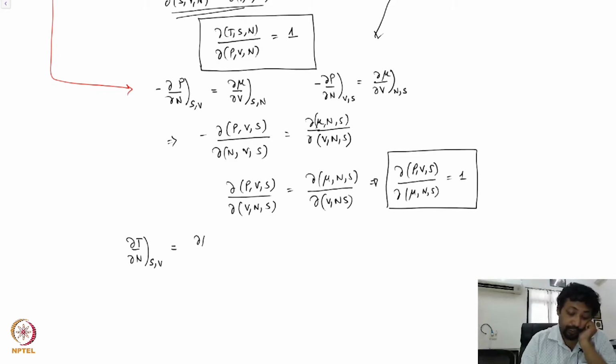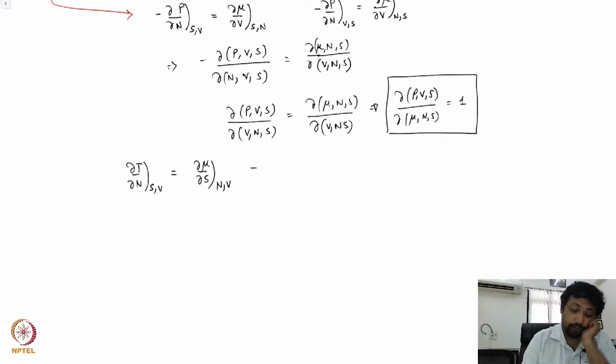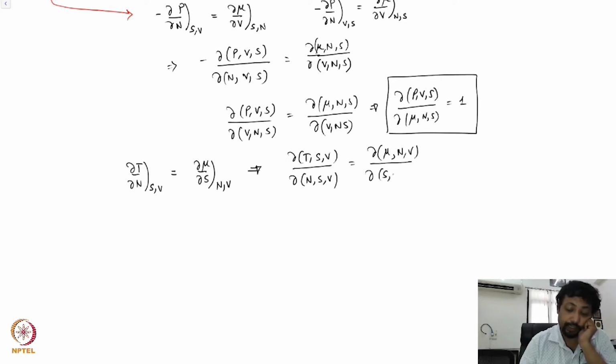You have del mu del S at N comma V, so that you have del of T S V, del of N S V is equal to del mu N V, del of S N V.